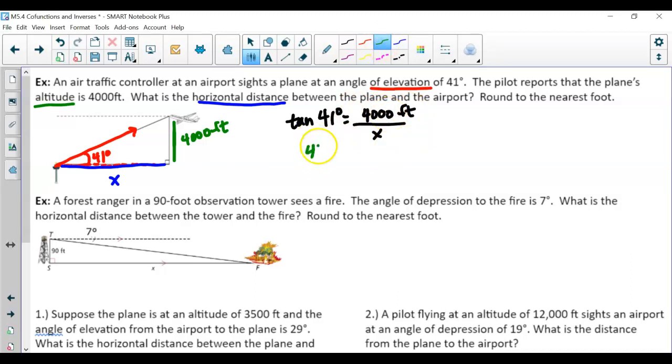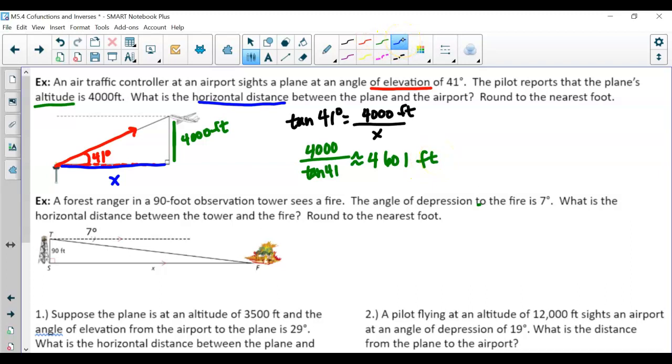You are going to divide 4,000 by tangent of 41 degrees. So when you practice putting that in the calculator, you've got 4,000 divided by that tangent of 41 degrees, you should get approximately 4,601 feet.